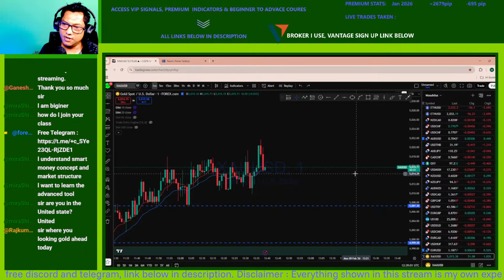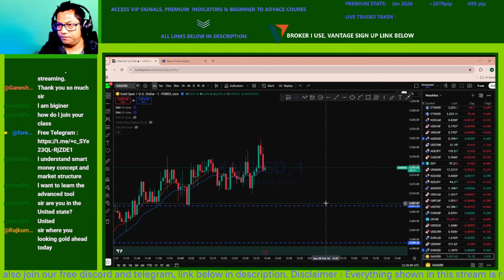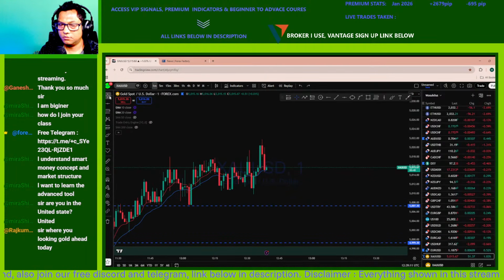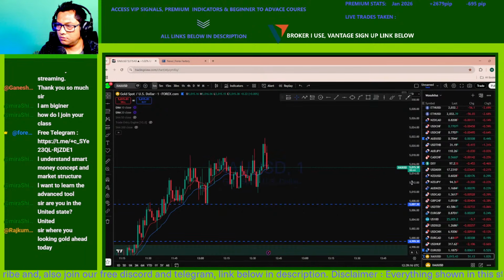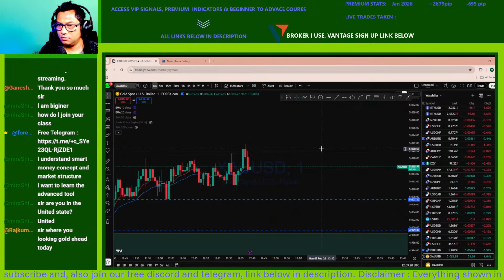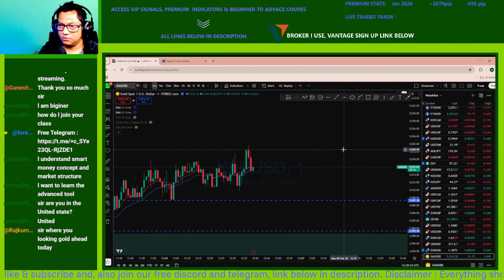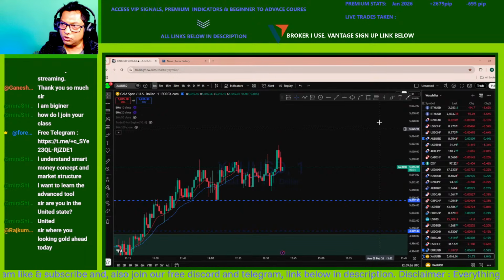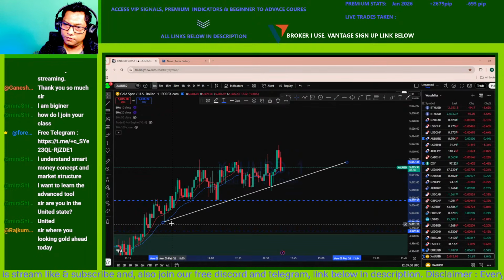Breaking that level, we're looking at the market to trend back down to the support. So this is the current trend line that you can see here in that market.